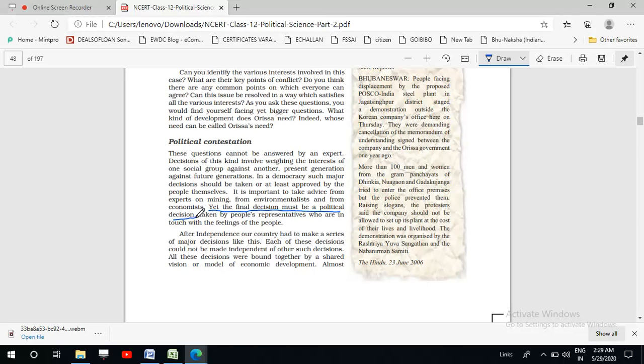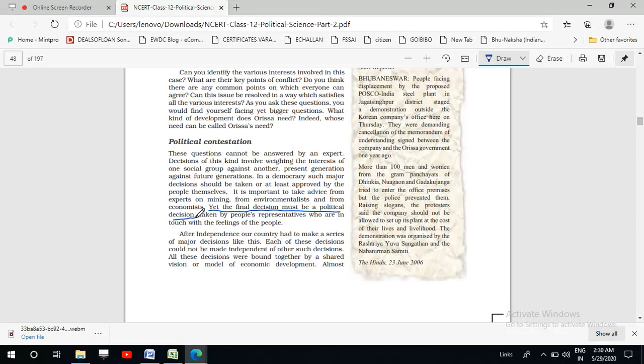Each of these decisions could not be made independent of other such decisions. All the decisions have their impact on the other decisions. So what is important is that all these decisions should be taken in such a way that they fulfill a vision or model of economic development.